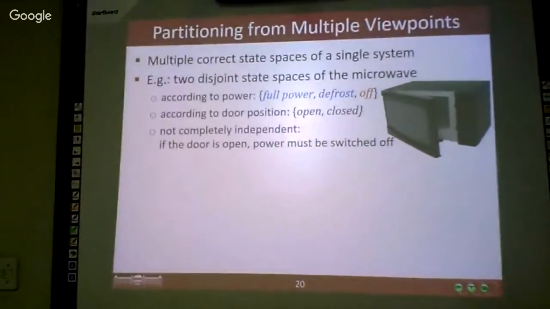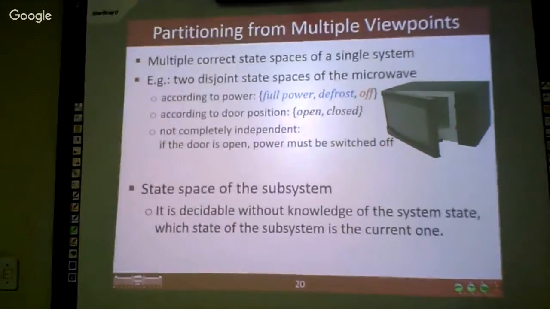They are actually not completely independent, because if the door is open, the power must be switched off. So in this case, it is decidable without knowledge of the system state which state of the subsystem is the current state.